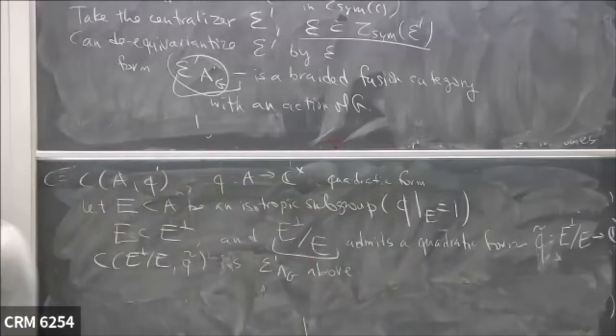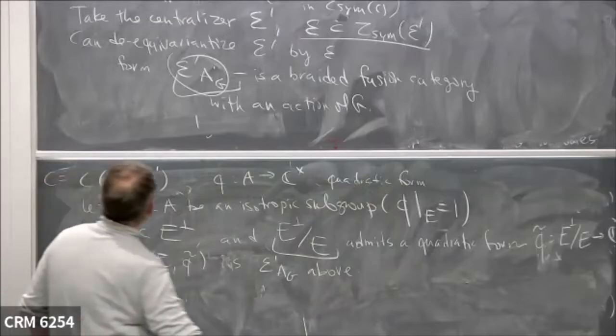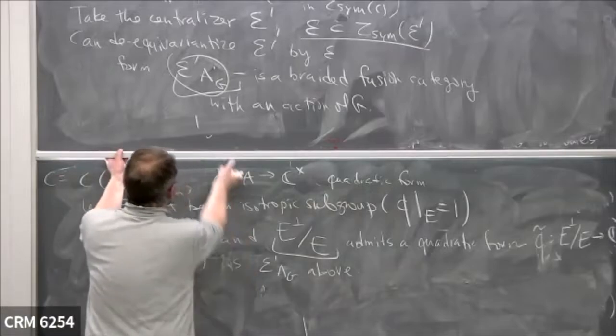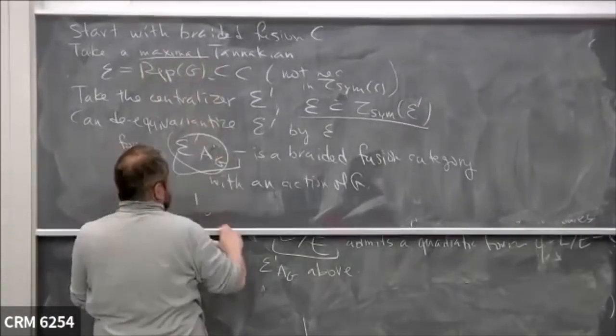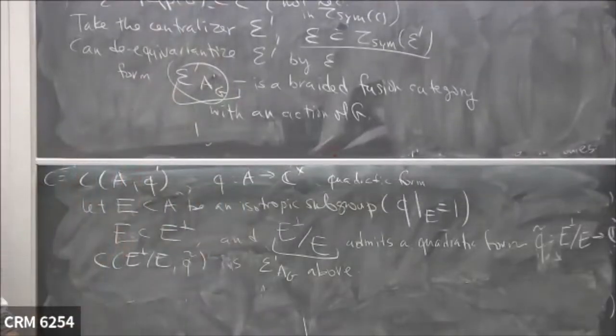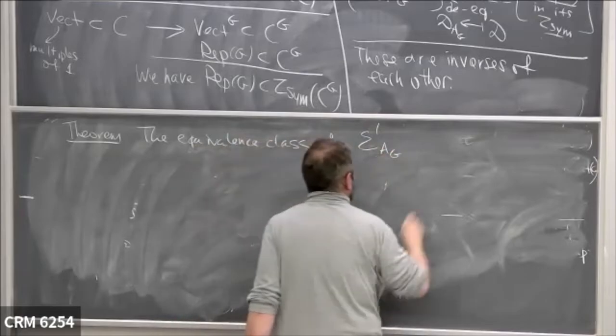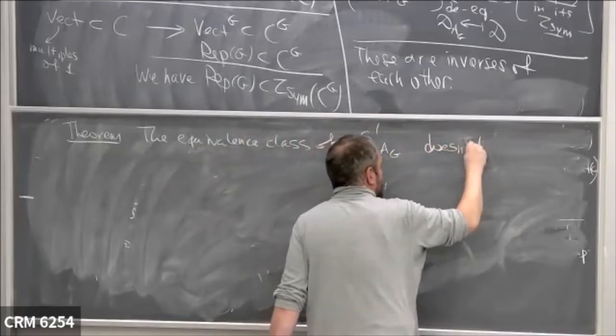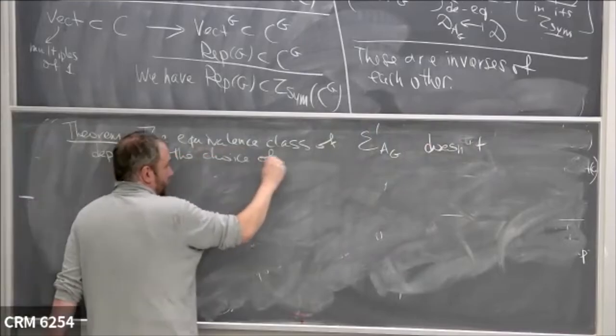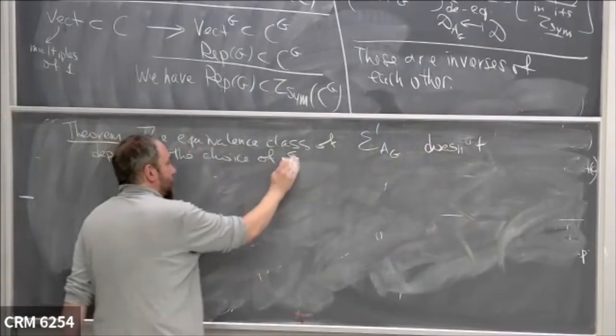Now, the theorem that I wanted to state is that this construction, again, I didn't require maximality up to this point, right? Even if E is not maximal, I will still be able to do all these things. It was never used. But maximality is important for the following reason. Theorem: the equivalence class of this category E prime sub AG does not depend on the choice of maximal Tannakian subcategory.